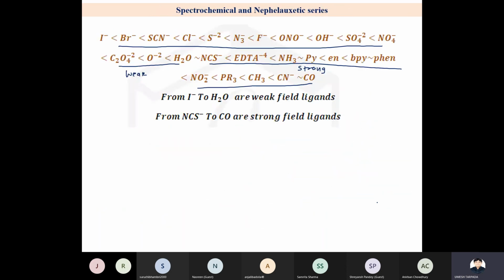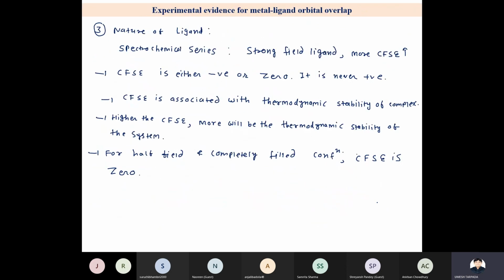Therefore you can say that CFSE is maximum for d6 configuration, and for d10 it is 0. For half filled d5 and d10 it is minimum.